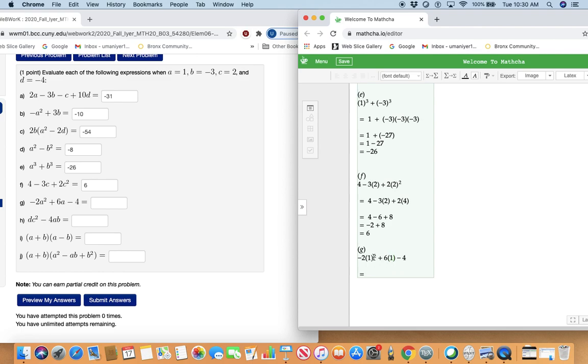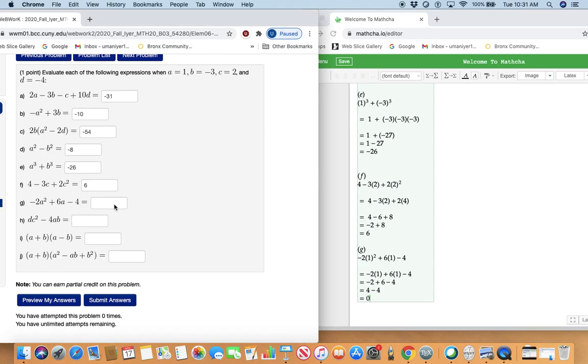Now, exponents take precedence. 1 to the power anything is 1. So it's a negative 2 times 1 plus 6 times 1 minus 4. Now multiplication takes precedence, but I'm simply multiplying by 1. So it's negative 2 plus 6 minus 4. Negative 2 plus 6 is 4, minus 4. That is 0. Okay, next.